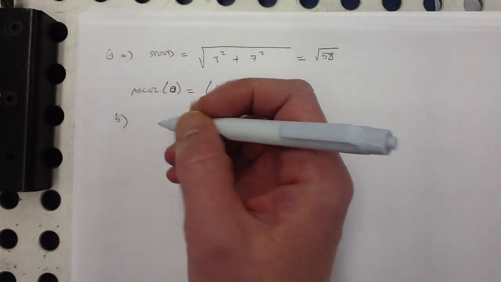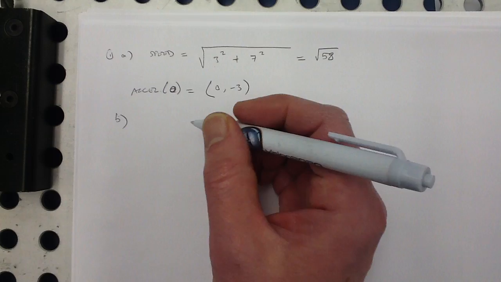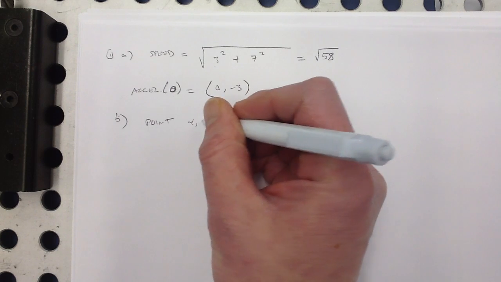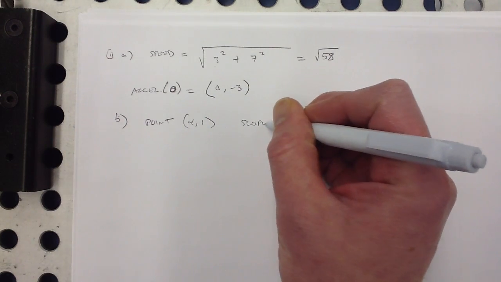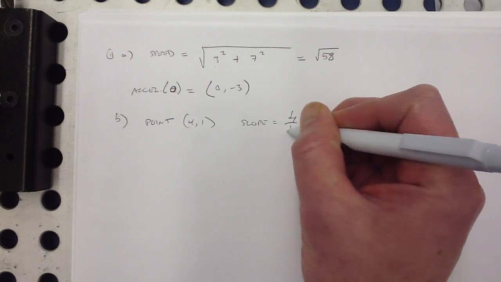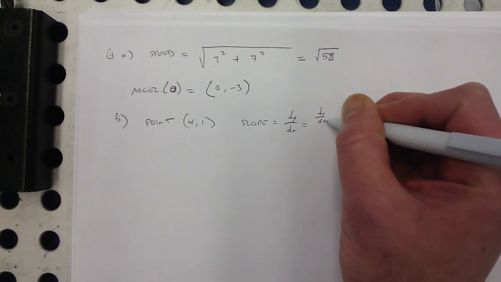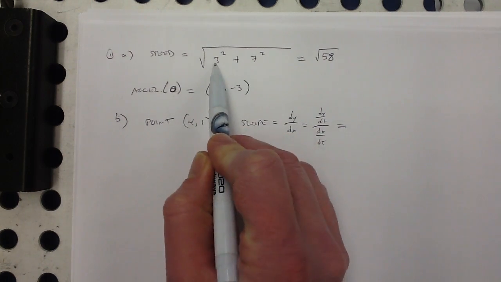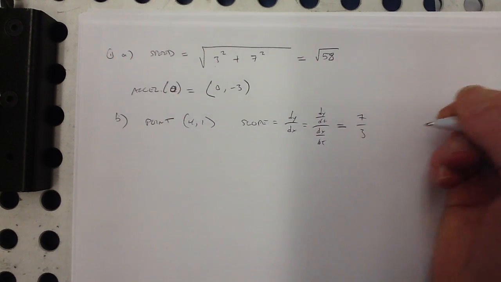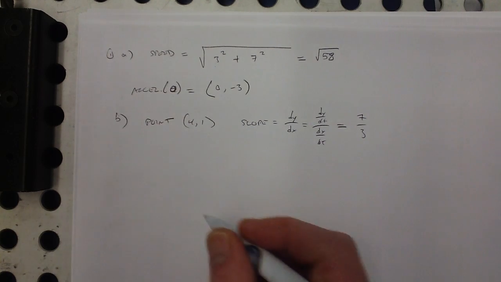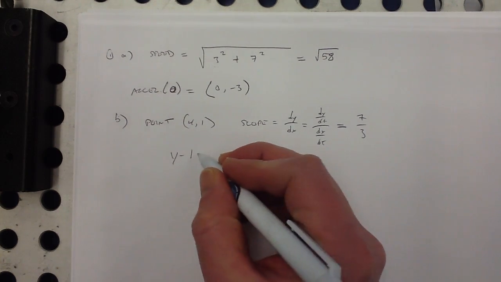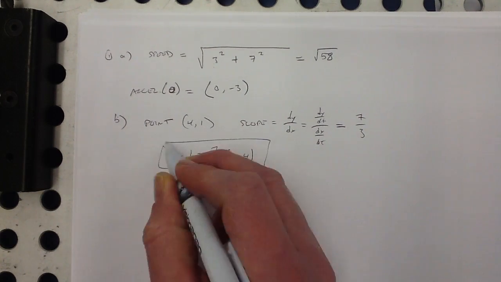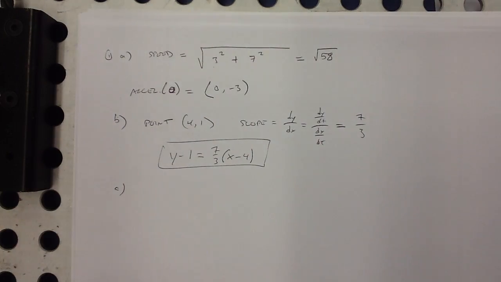The point is (4, 1), and the slope is dy/dx, which is dy/dt over dx/dt, which is 7/3. So the equation of the line is y minus 1 equals 7/3 times (x minus 4). Again, we had a lot of that information already.